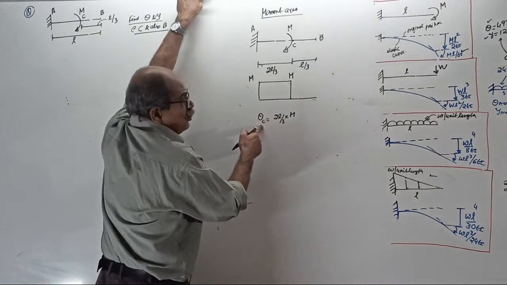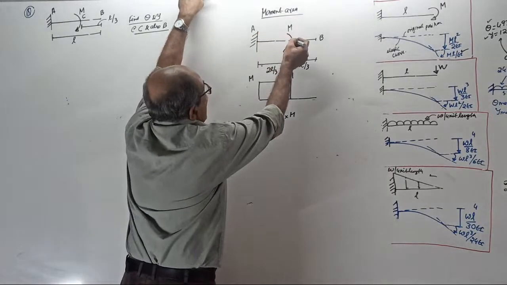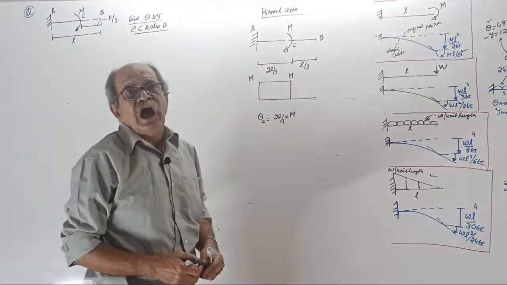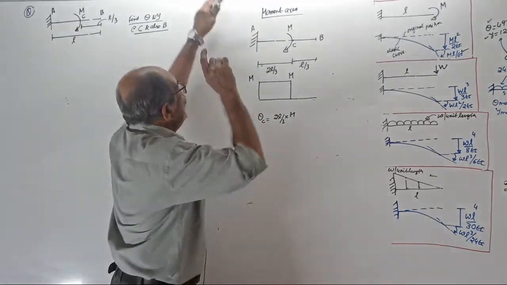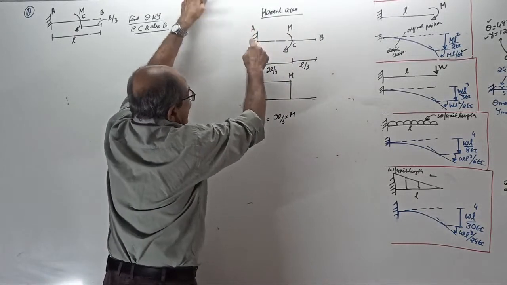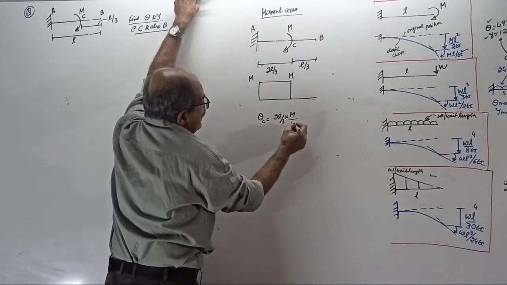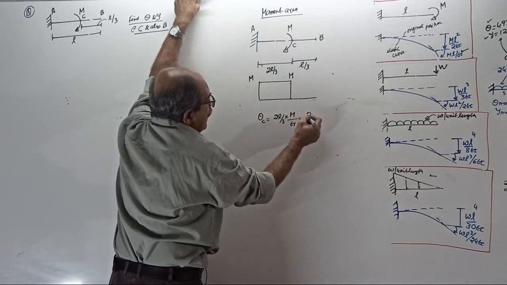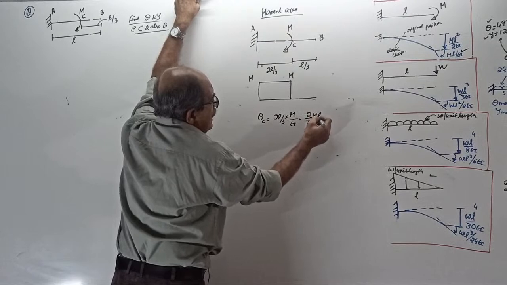You write here, those who want to understand: theta C equal to area of the BM by EI diagram from C up to fixed end A, by EI. Answer is 2 by 3 ML by EI.